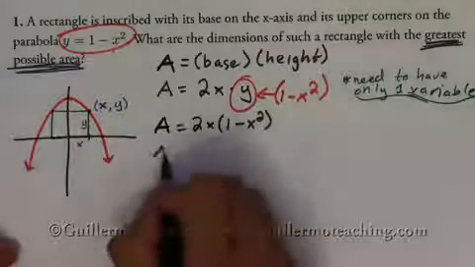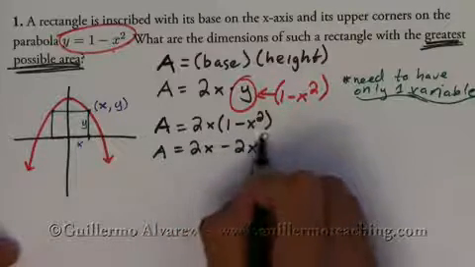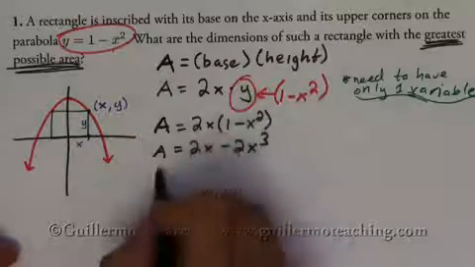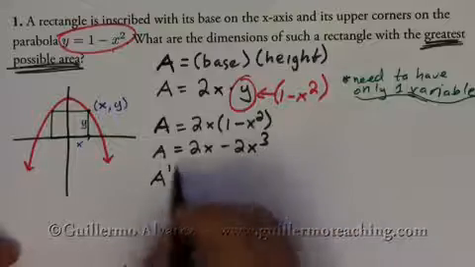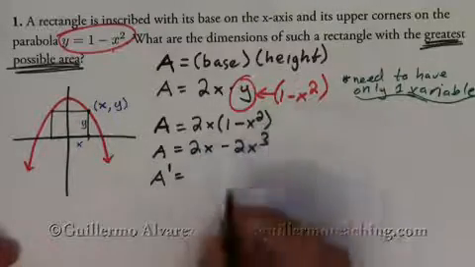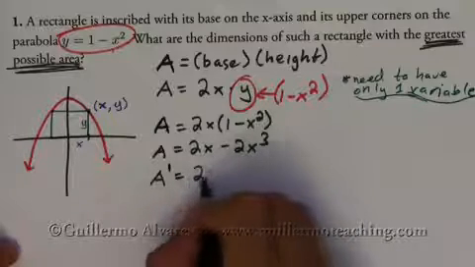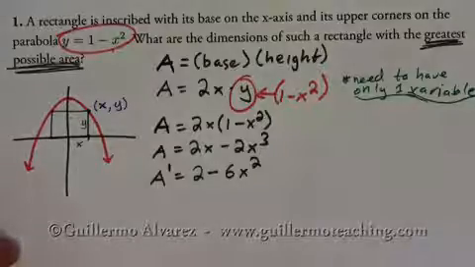If I simplify, I get 2x minus 2x cubed. Now that I have it in terms of one variable, I can take the derivative. The derivative of the area with respect to x is 2 minus 6x squared.